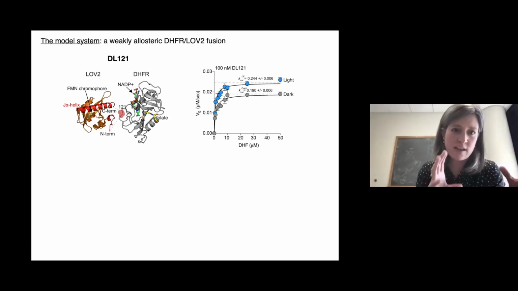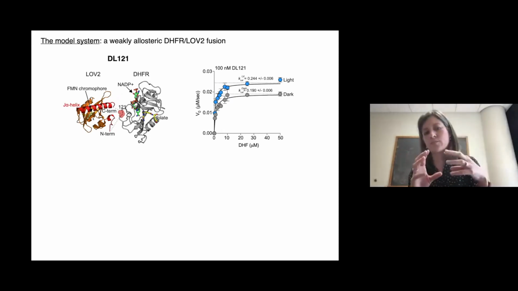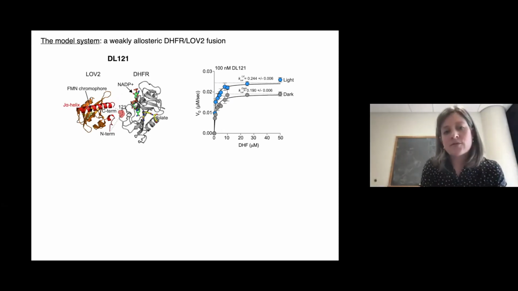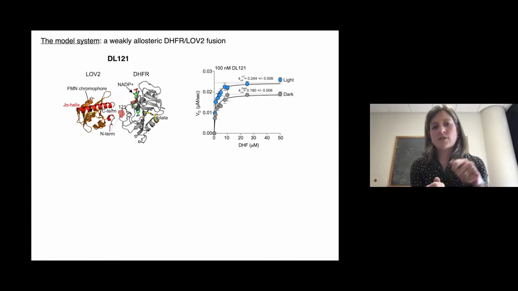We call the system DL121, for DHFR LOVE2 position 121, because LOVE2 is actually inserted between residues 120 and 121 of DHFR. The way LOVE2 works is that there's an FMN chromophore that absorbs a photon of blue light. And then in response to that photon absorption, this J alpha helix, at least in its native context, is thought to unspool. And so you get this folded to unfolded transition.